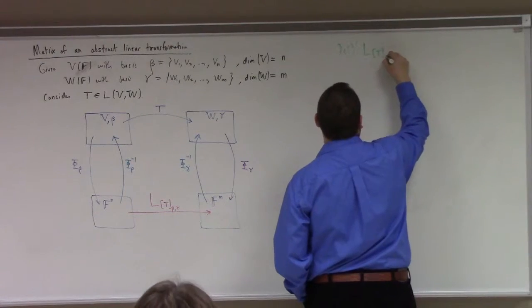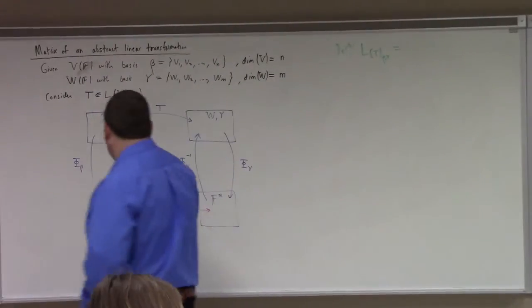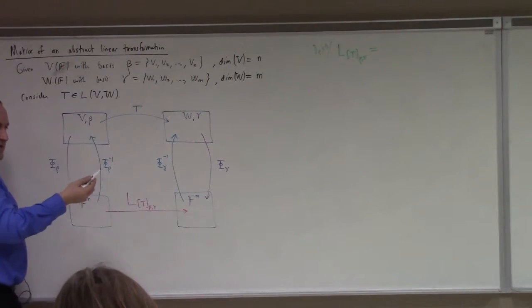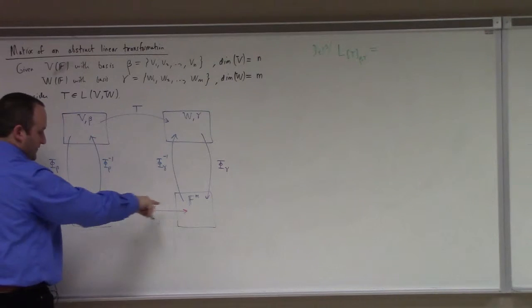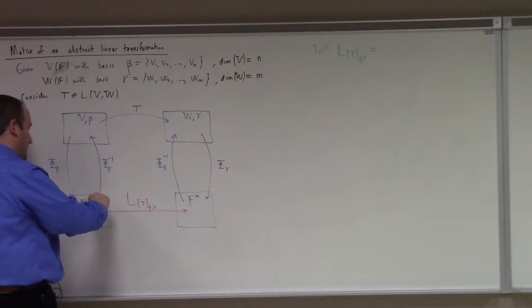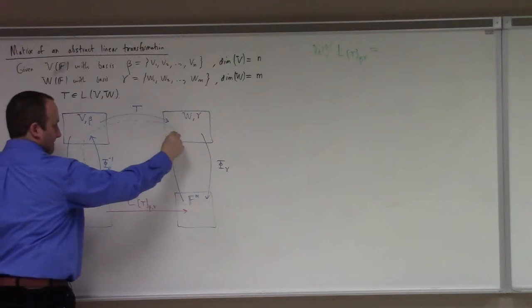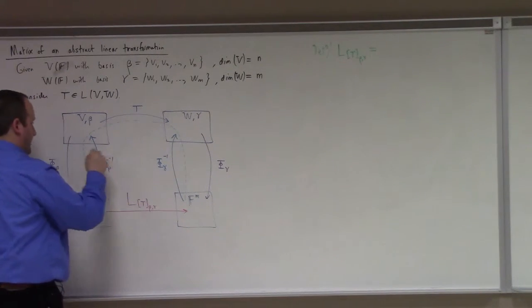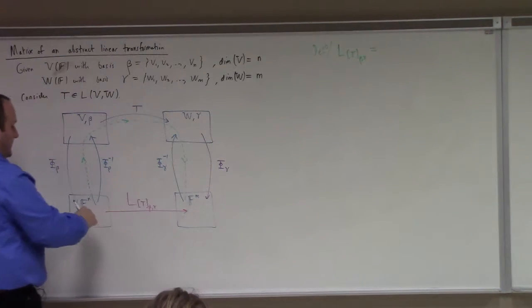of T beta gamma is equal to, and what we do, all right, is the picture tells us how to define it. So the picture is, instead of going this way, which is the thing we're trying to define, we use the coordinate maps to follow this path up here. Just follow the diagram like that.